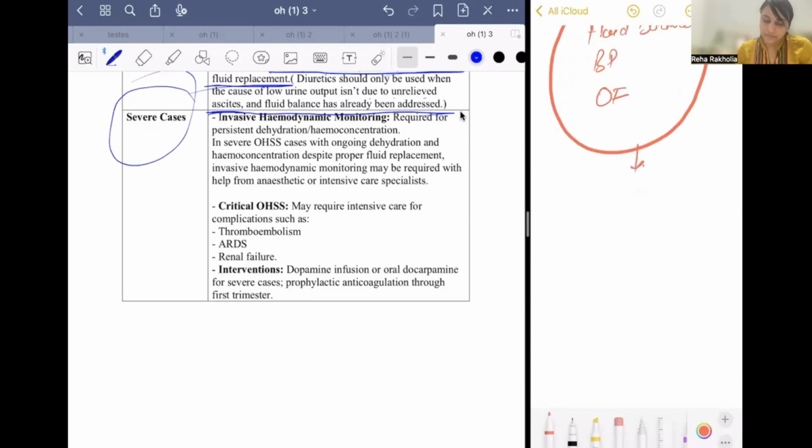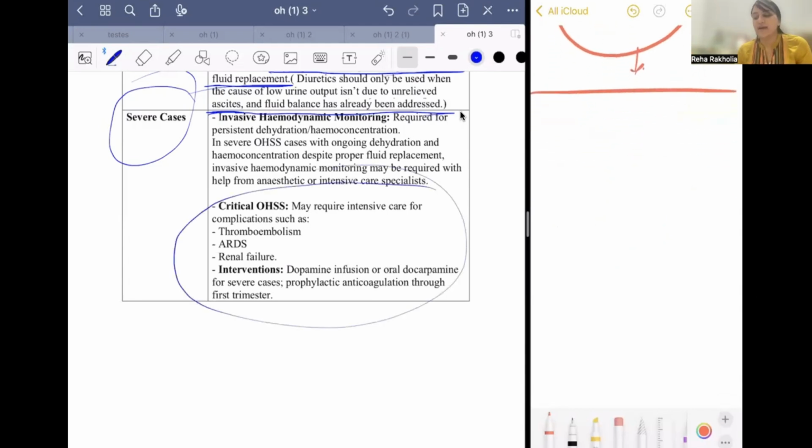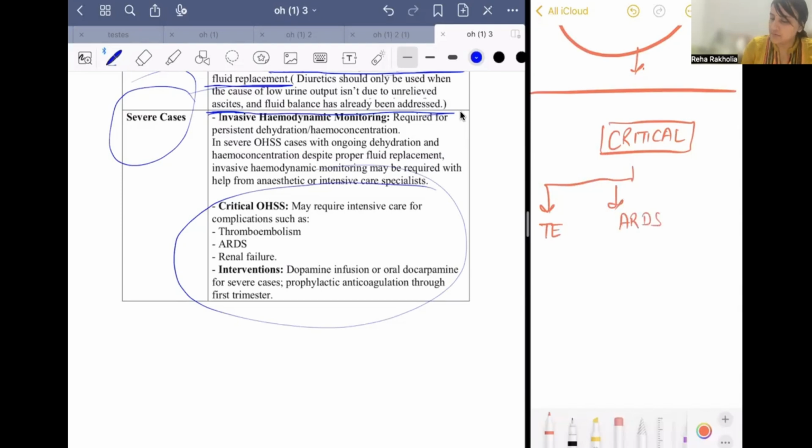Okay. Now we'll talk about critical OHSS. Critical OHSS may require intensive care to manage complications like thromboembolism, acute respiratory distress syndrome, and renal failure.